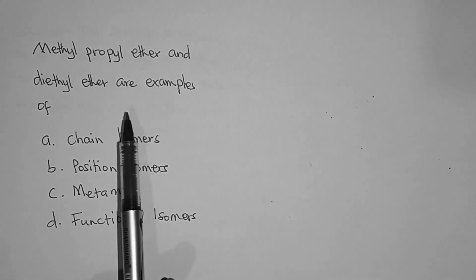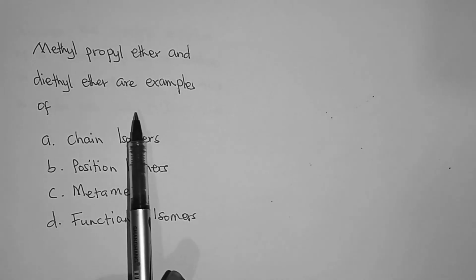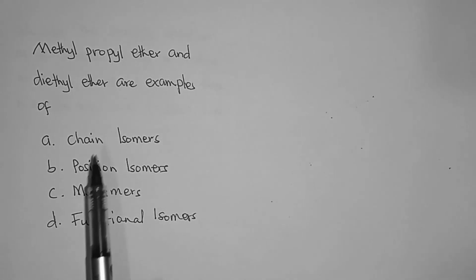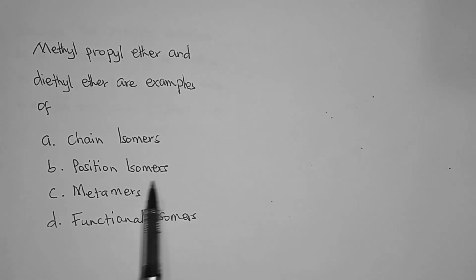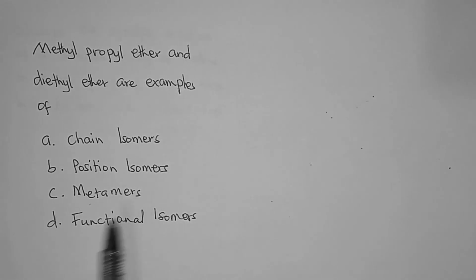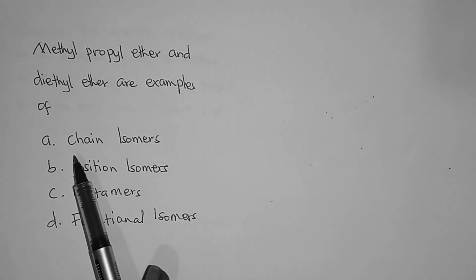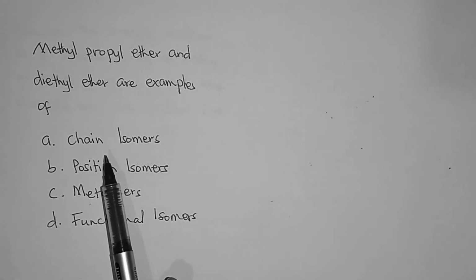Methyl propyl ether and diethyl ether are examples of A, chain isomers, B, position isomers, C, metamers, and D, functional isomers. So what is the correct answer? Let's first explain what are chain isomers.